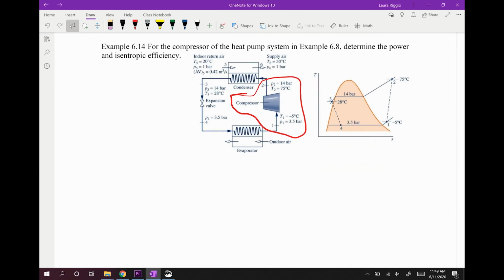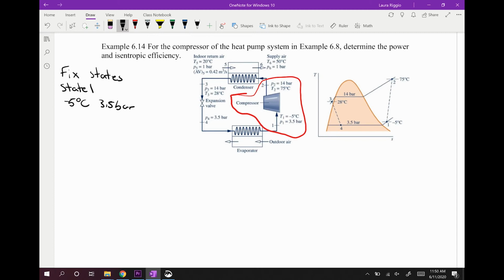So we have an example. For the compressor in this heat pump system, we want to determine the power and the isentropic efficiency. So let's fix our states. For state 1, it's minus 5 degrees Celsius and 3.5 bar.